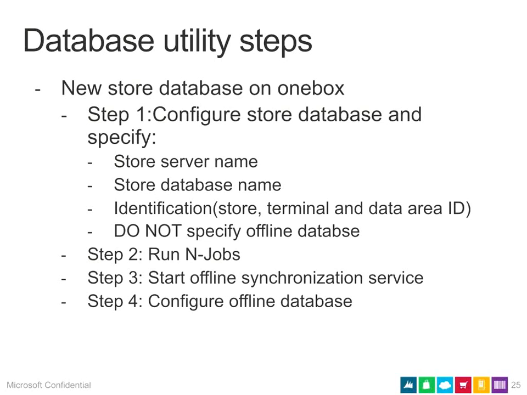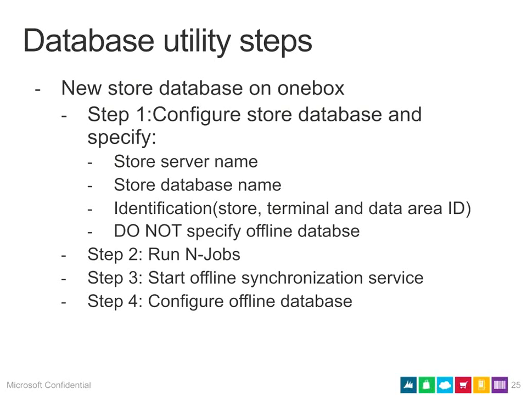After we've created our store database, you want to run your end jobs and basically populate that store database. The reason you have to do this before you create your offline DB is that, and I'll get into this more later, the database utility needs to know what tables are synchronizing between the store database and the offline database.